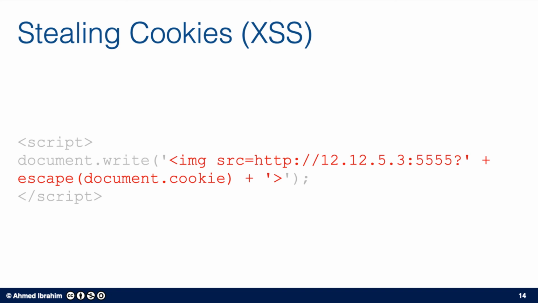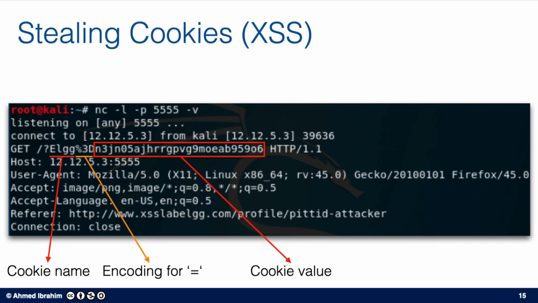So what happens when the attacker embeds that into their page and someone visits it? In fact, the page that has been visited by the victim will connect to the attacker's machine that has been listening on port 5555, and it will send a GET request that includes this value and this remaining information.